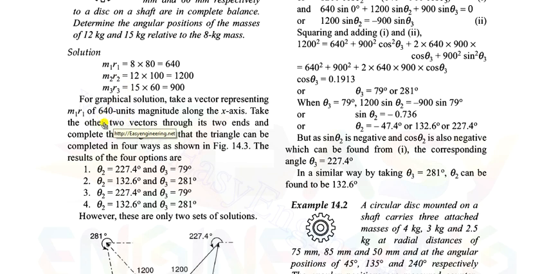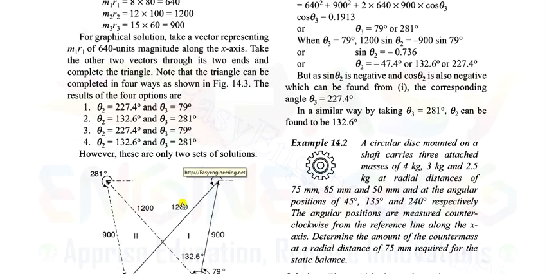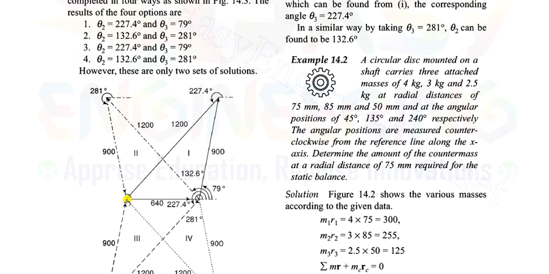So for 640 units, I will take a scale, for example 100 units is equal to 1 centimeter. So 640 units will be equal to 6.4 centimeter. That is your scale. Just draw x positive. Okay, so this is, for example, the center point, and 640 is drawn here.